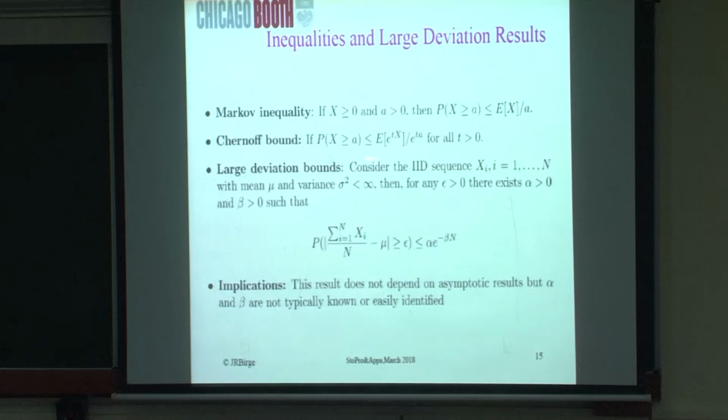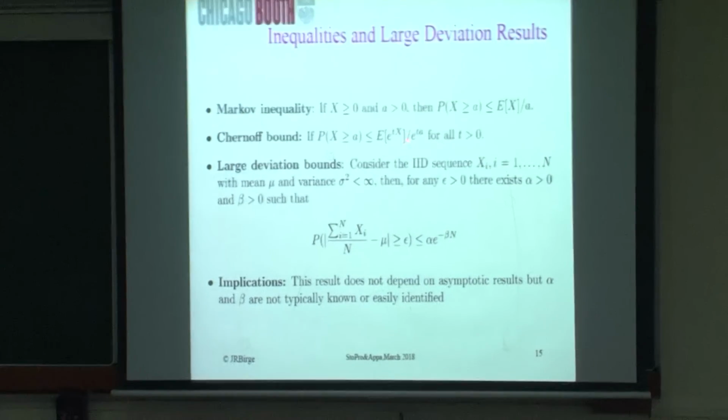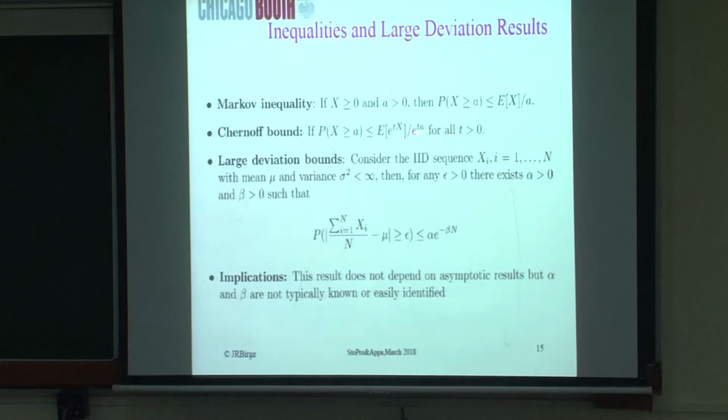In fact, I can take e to the t times x, for any positive t, so e to the tx is another random variable I can apply the Markov inequality to. Therefore, the probability that x is greater than or equal to a is less than or equal to the expectation of e to the tx divided by e to the ta. Okay.